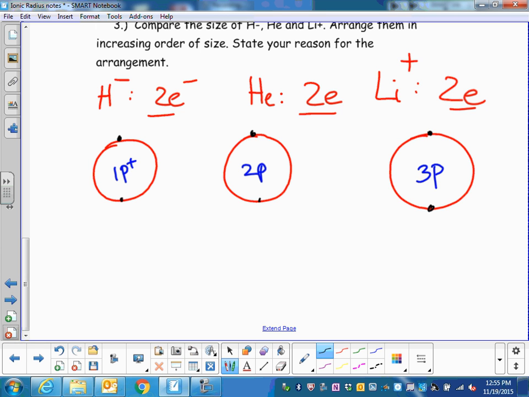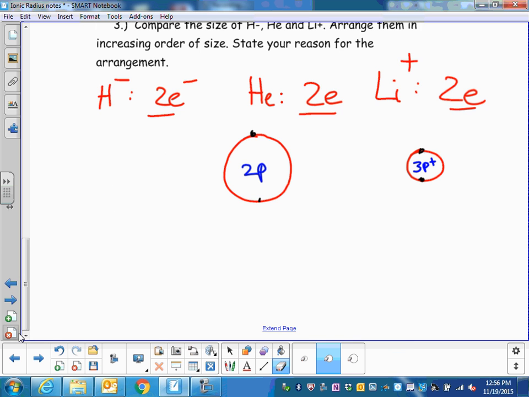In which case do you think the size will be the smallest? 1 proton, 2 protons, 3 protons. Which will pull the most? Which will pull the 2 electrons the most? Lithium, because it has 3. So what will this size be? This size is the smallest. Do you guys agree? Because it has 3 protons. Right? In this case, what about this size?